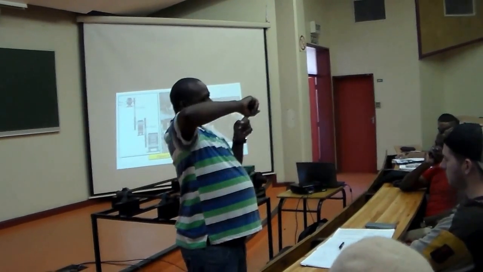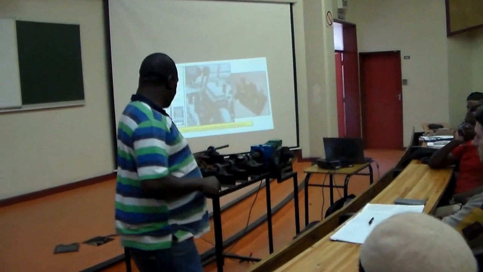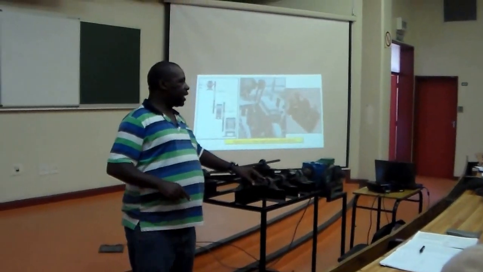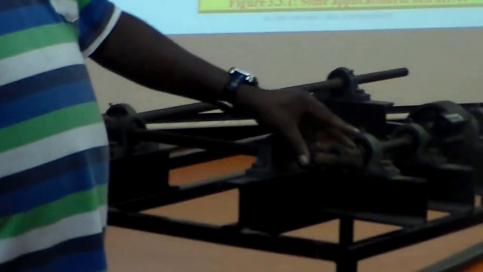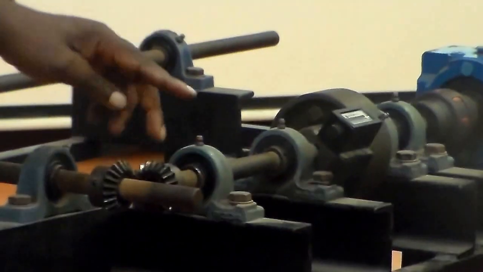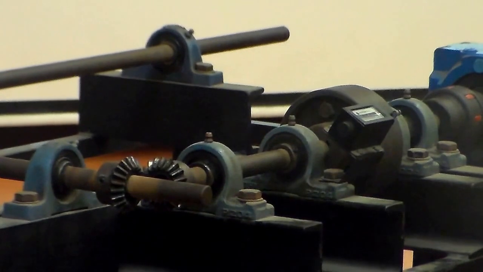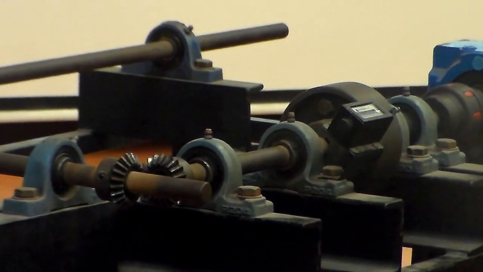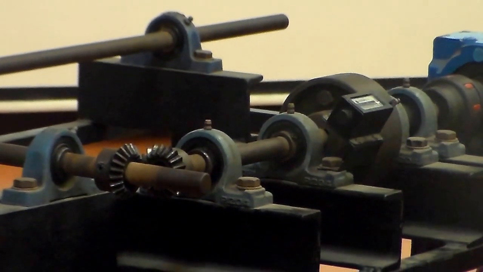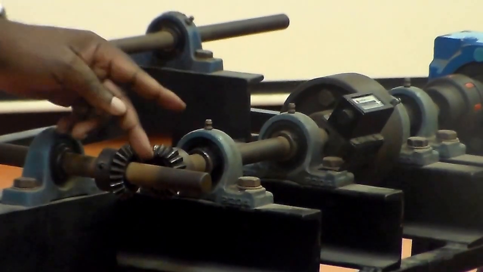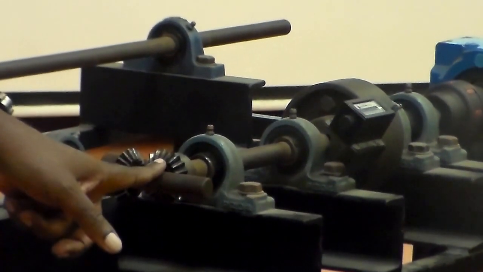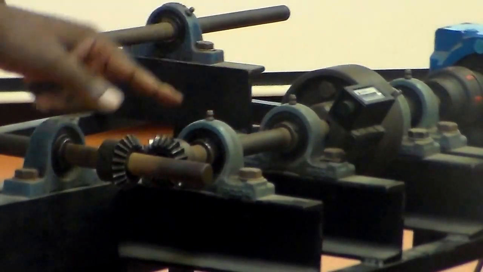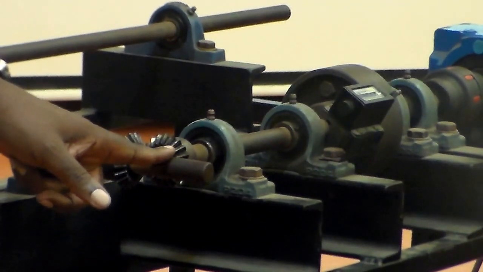For bevel gears, do you see them here? We have bevel gears here. The bevel gears, the shafts would normally intersect. This shaft here is coming like that, and this shaft here is coming like that. If we extended this shaft here, it would meet this one.